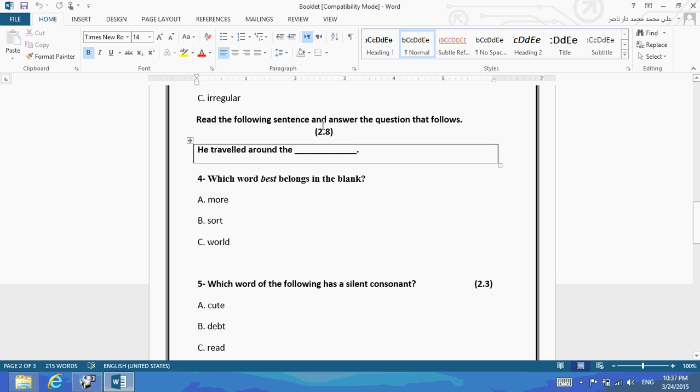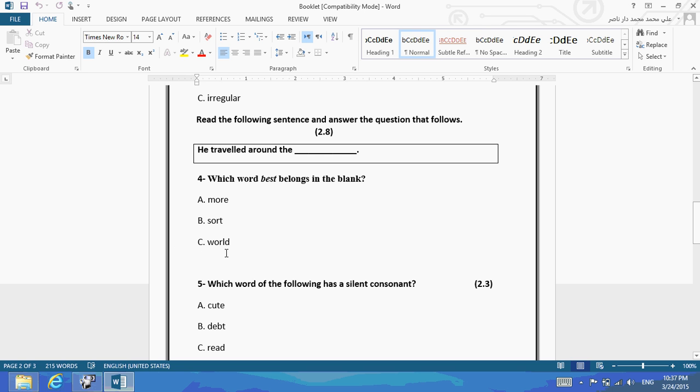is concerned with the standard 2.8. 2.8 is to identify vowel phonemes with the same spelling but with different pronunciation. Here the context is a clue to meaning and pronunciation. Let's read this example. He traveled around the ___, which word best belongs in the blank? More, so, well. The answer is well.